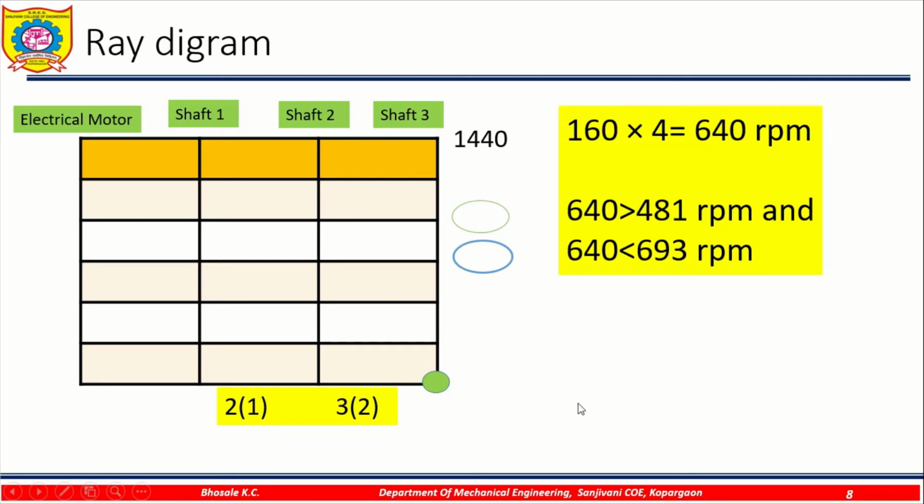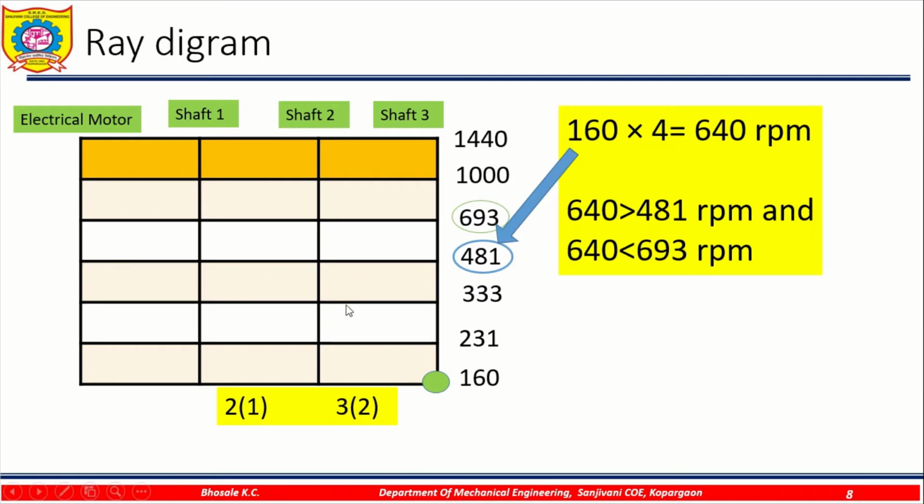So when we go in the inverse way, 1 by 4 becomes 4 times. Minimum speed is 160, so 160 into 4, that is 640. So the node point on the second shaft can be up to 640.